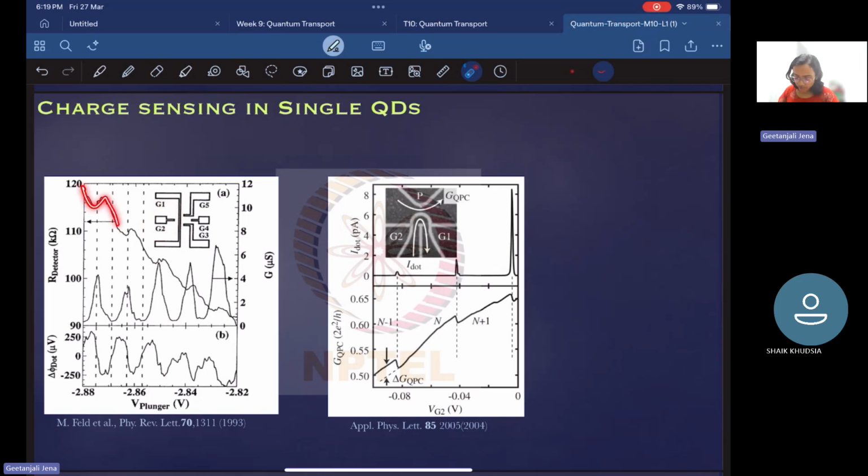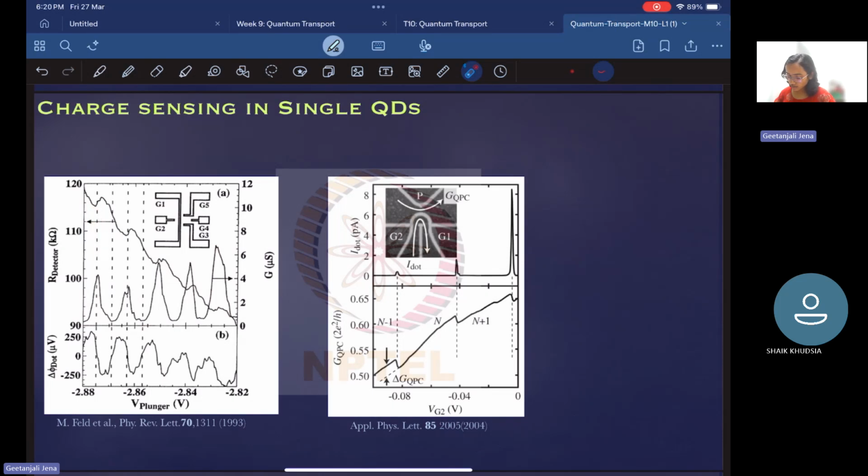This is the conductance through this QPC, and these are the Coulomb blockade oscillations. Whenever there is a change in conductance in this graph, there is a peak here. So we can use this region as a charge sensor.